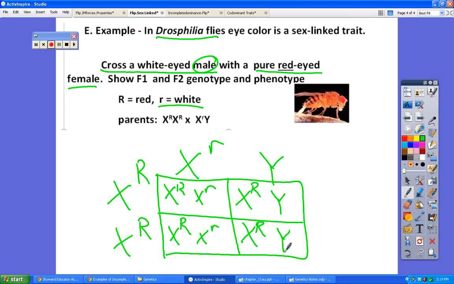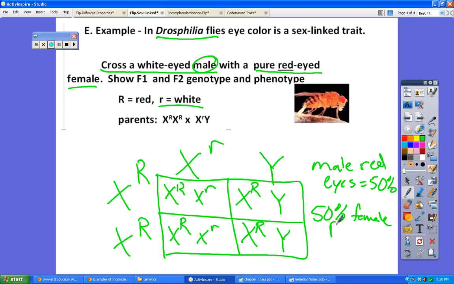So we have 50% chance of getting a male with red eyes, and we have 50% female red eyes. We no longer have the option to have a white-eyed offspring.